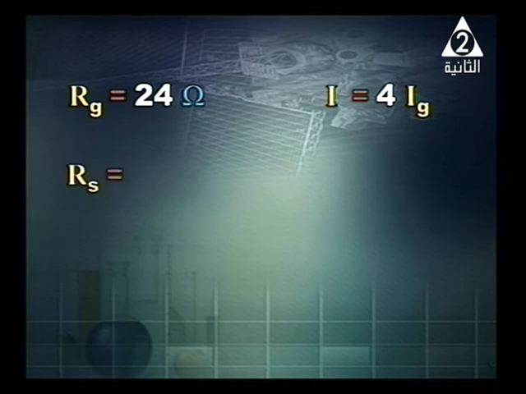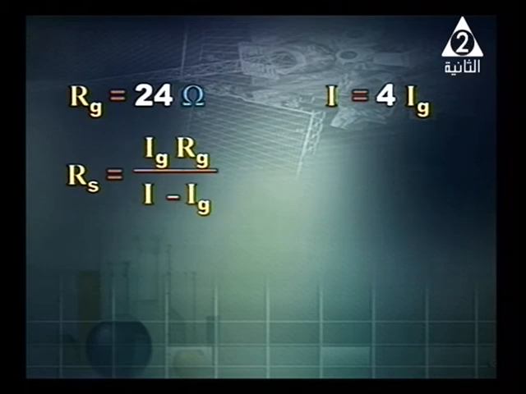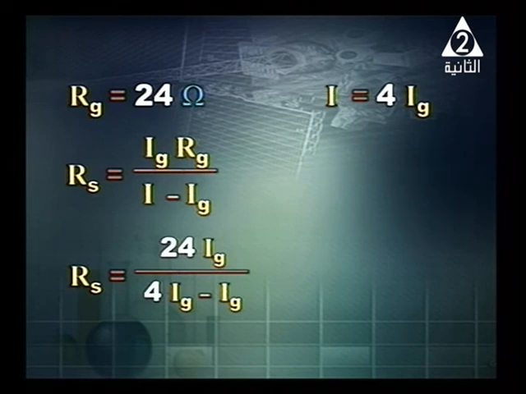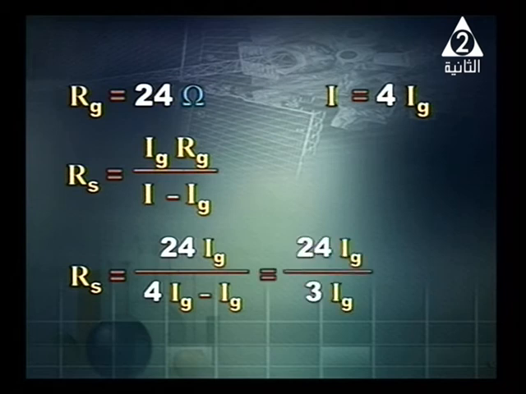The value of the shunt is given from the expression Ig Rg over I minus Ig. So Ig times the resistance of the galvanometer, 24, over, since I equals 4 Ig, 4 Ig minus Ig. So we can say 24 Ig over 3 Ig, and Ig will be crossed out.